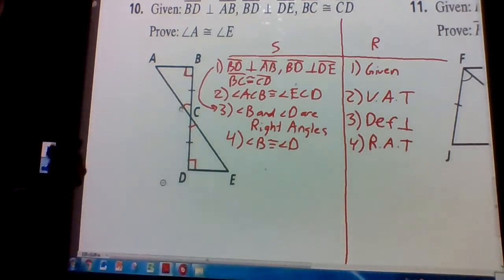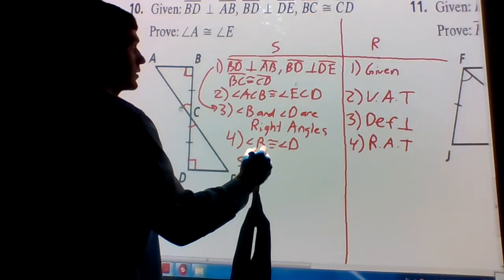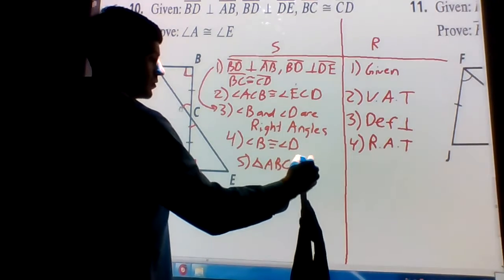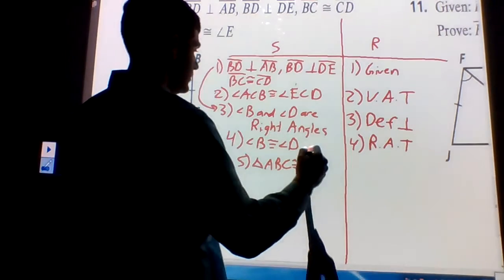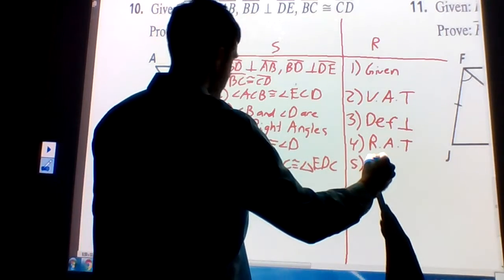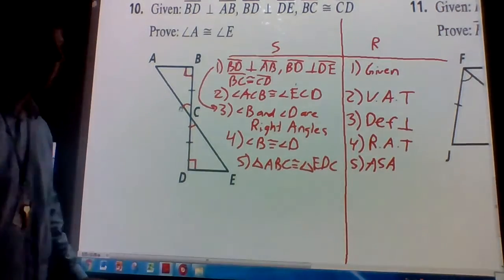That's the best way to do it. But I think the idea here is to show the triangles are congruent. So why would these triangles be congruent? Triangle ABC is congruent to triangle EDC. It's going to be by angle, side, angle.